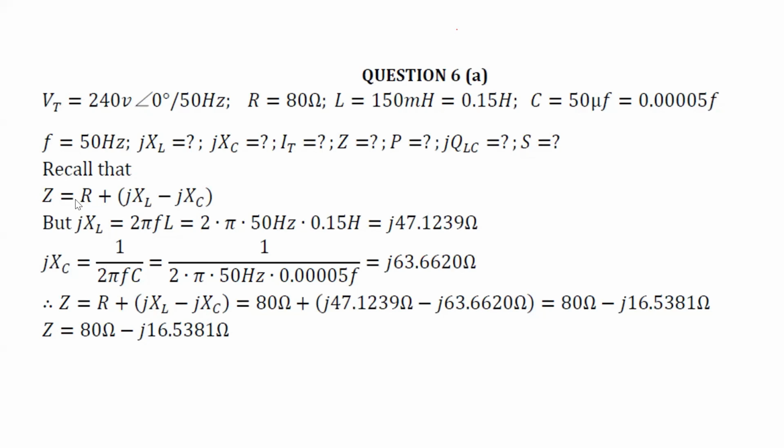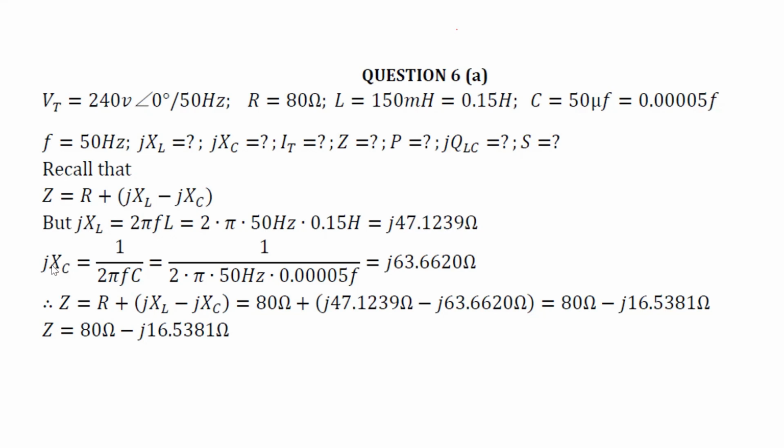This is the formula for impedance, which is R plus brackets, the reactance of the inductor minus the reactance of the capacitor. The reactance of an inductor is 2 pi FL, which is 2 times pi times 50 Hz times 0.15 Henry, and that gives us 47.1239 ohms.